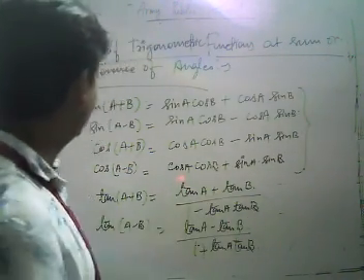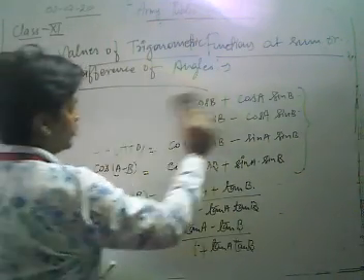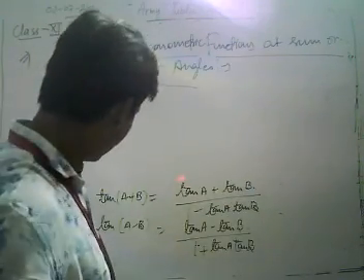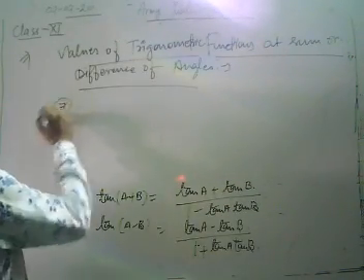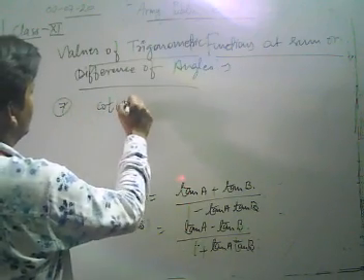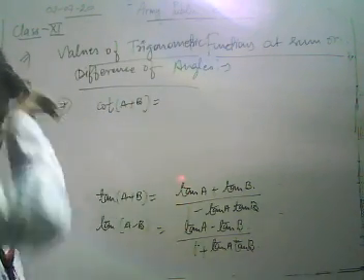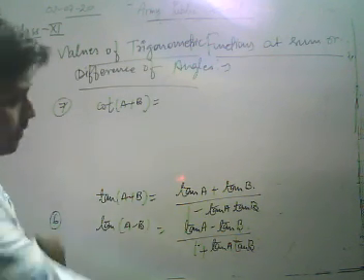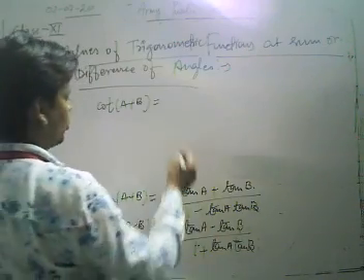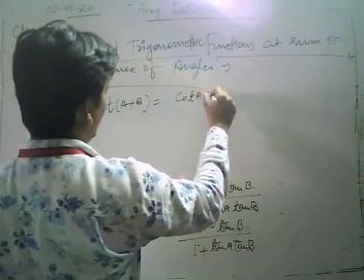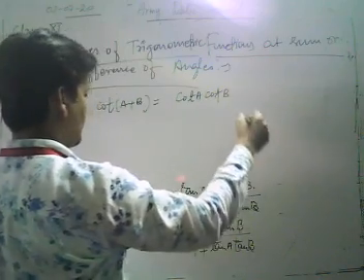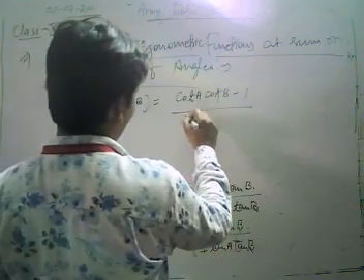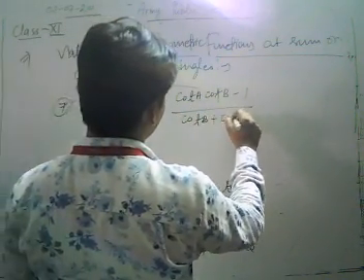Now two more important identities based on sum and difference of angles. The seventh identity is cot(a plus b), which is cot a cot b minus 1 upon cot b plus cot a.